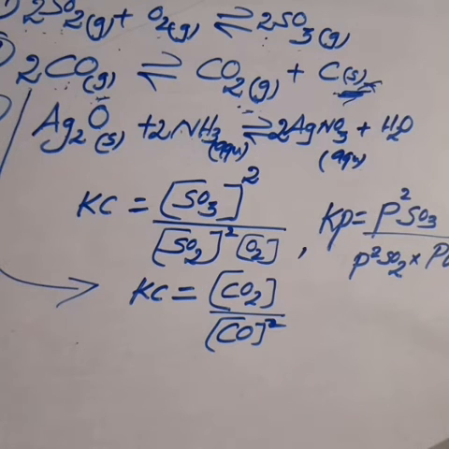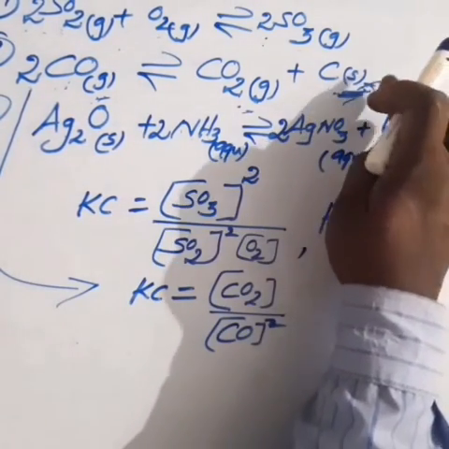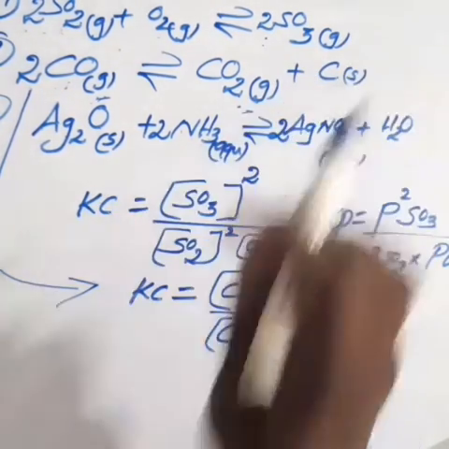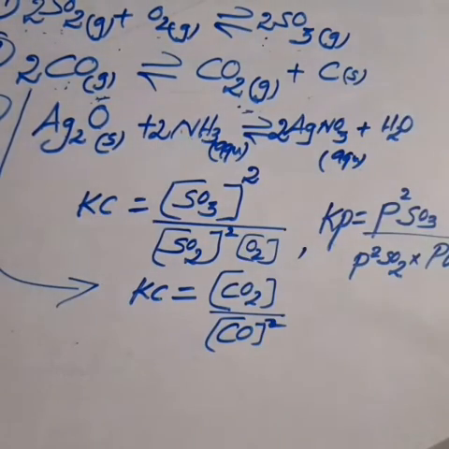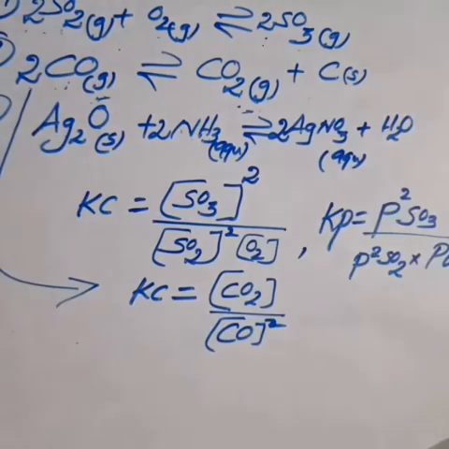Am I right? Here one term is removed. Which term? Carbon in solid state. Don't forget that the concentration of pure solid is a constant. Okay. The next one.